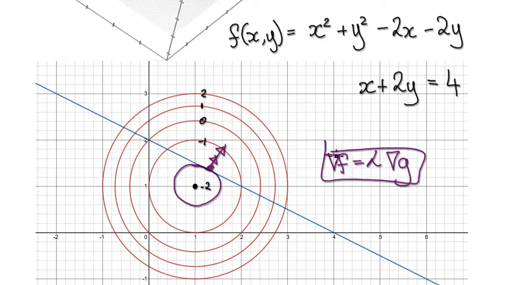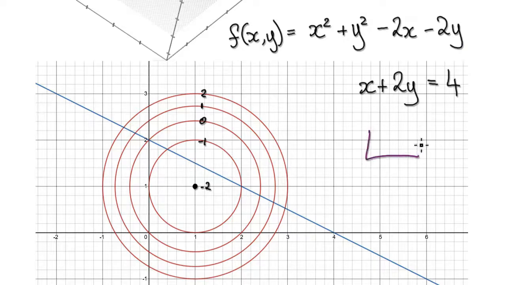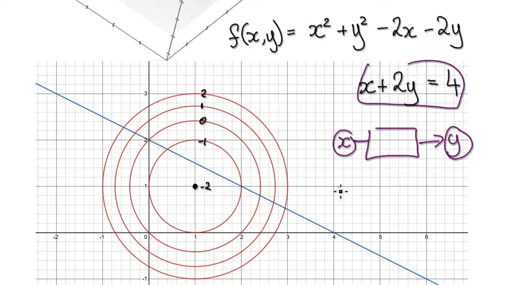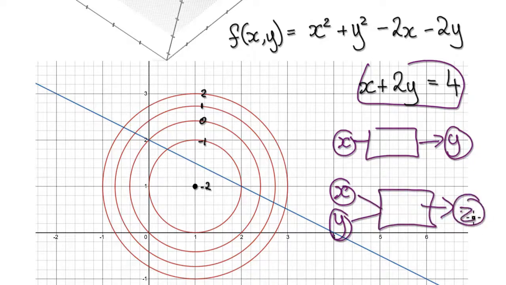So this is what we're doing here. We've got to turn this into a function. At the moment it's of this form here. We want to turn it into a function of this form, and then it spits out an elevation.